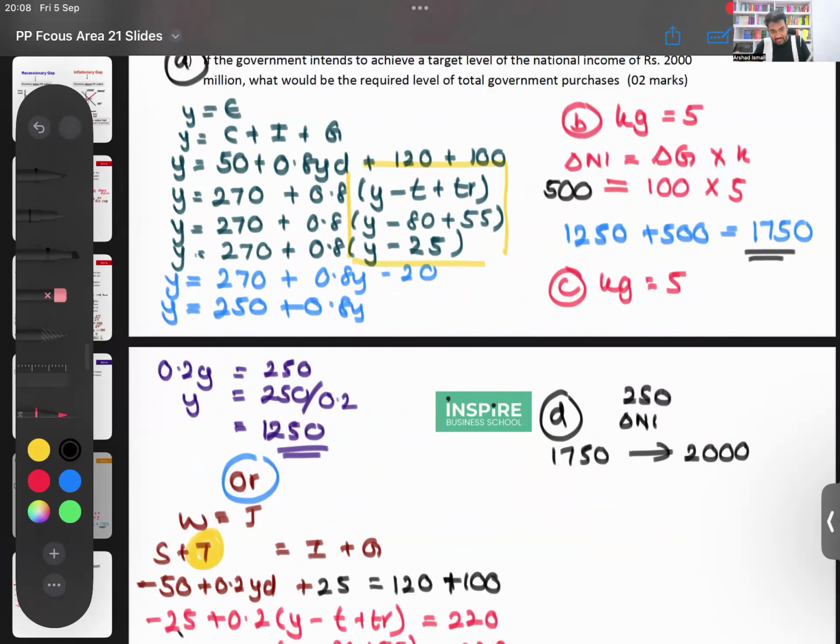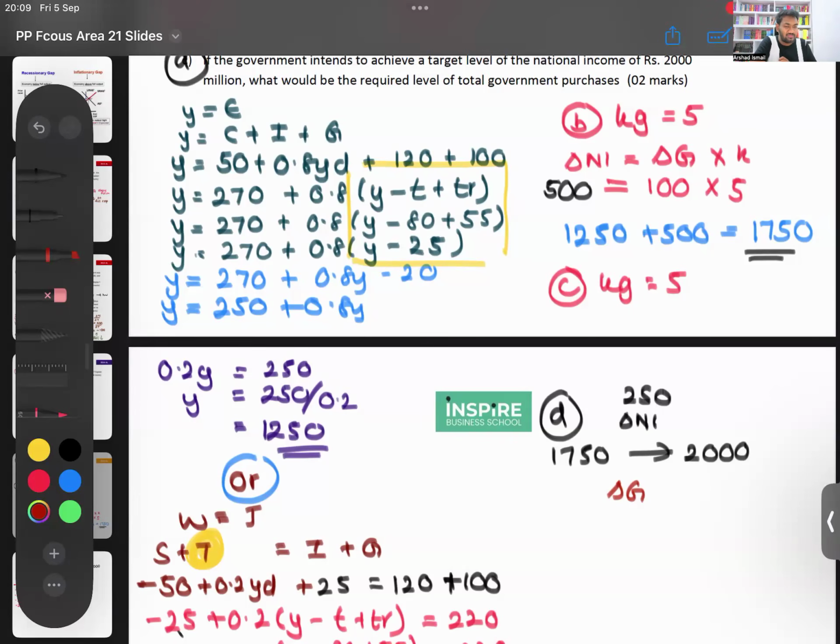How much should your government spending change by? Your multiplier is 5 times now. You can find it from the 1,250 itself and you'll get the same answer. If you're starting from 1,250, then you want a change of 750.